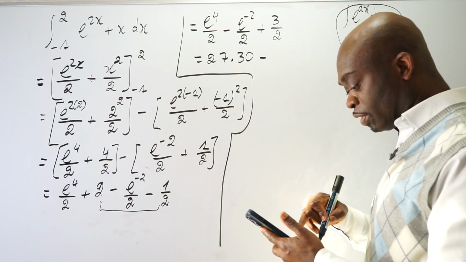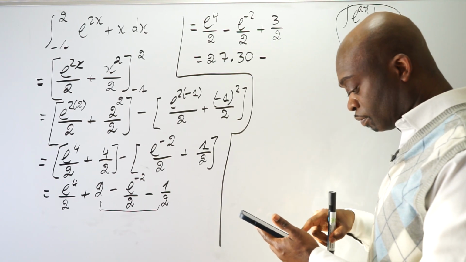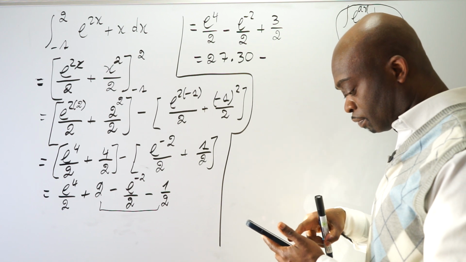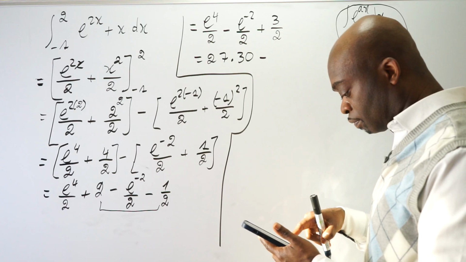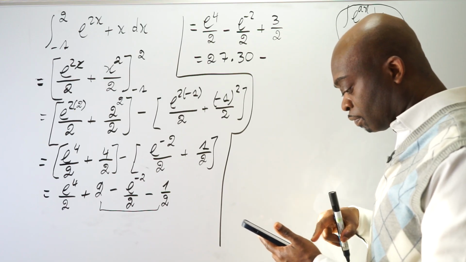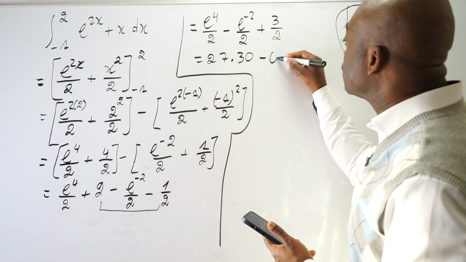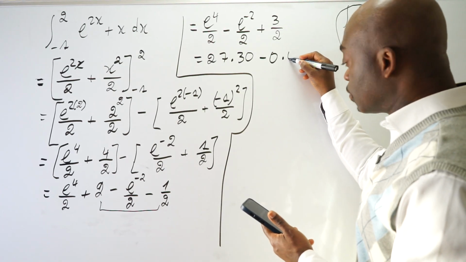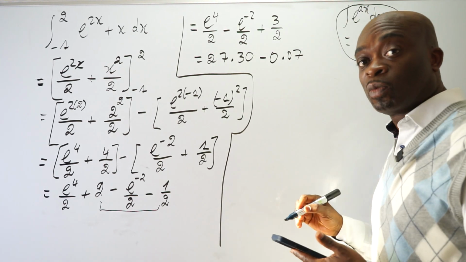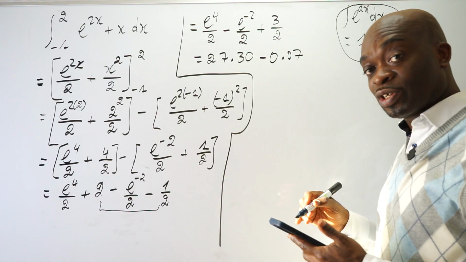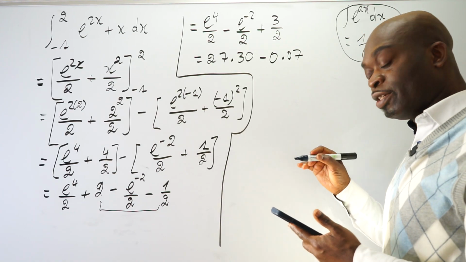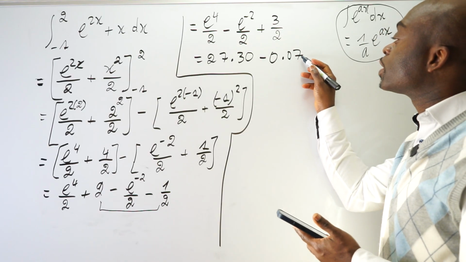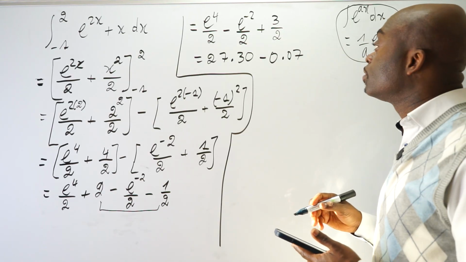Minus, so what's going to happen here? This one is going to give us 0.07 for 2 decimal places, because the actual answer is 0.067667 continuing, but to 2 decimal places that gives us 0.07.